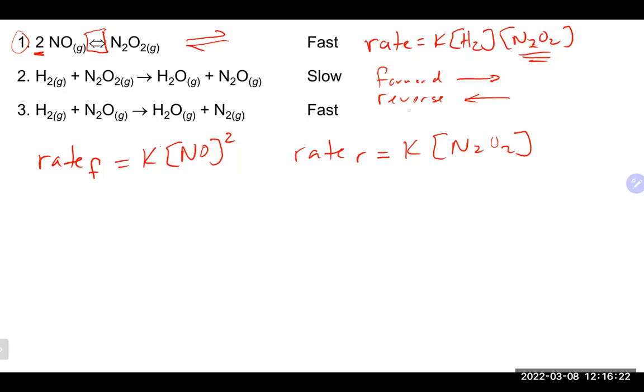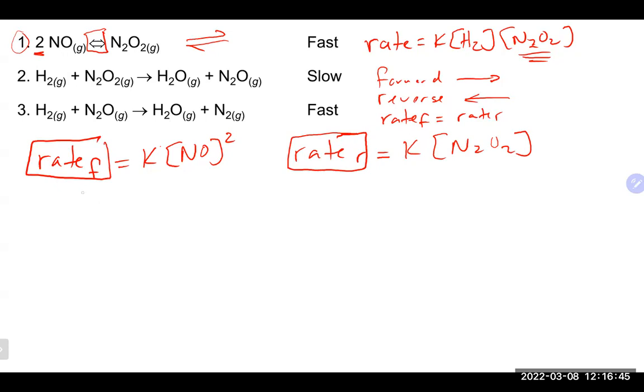But basically when this guy reaches equilibrium, the rate of the forward direction will equal the rate of the reverse direction. That's important for our purposes here because this number here that I don't know and this number here that I do not know, are they the same number or different numbers?